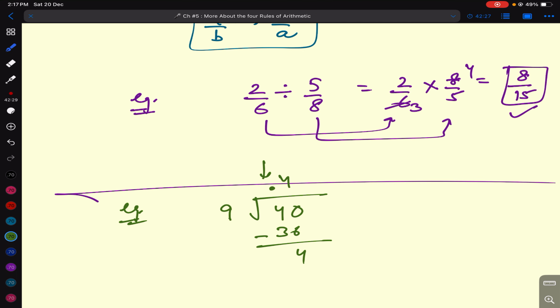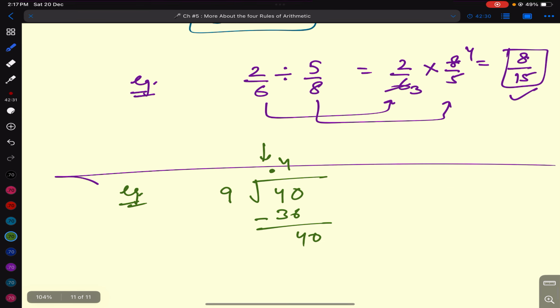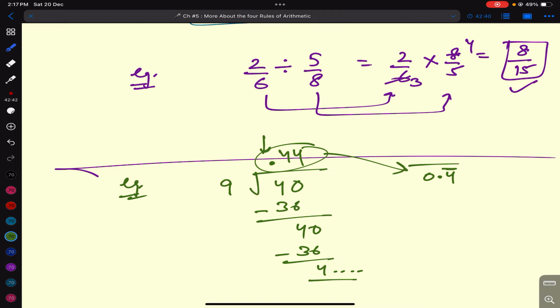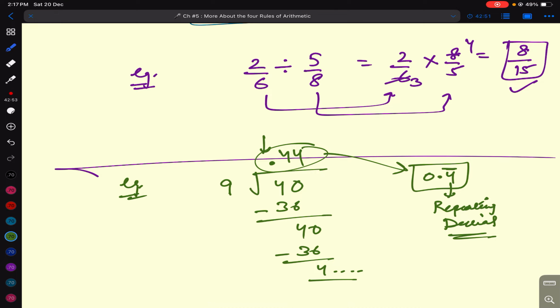Now you already have a decimal, so you can keep appending zeros to the remainder. Again 9 times 4, which is 36. So you know that this will keep on repeating, right? So your quotient here is 0.4 with a bar. So that means it's a repeating decimal.